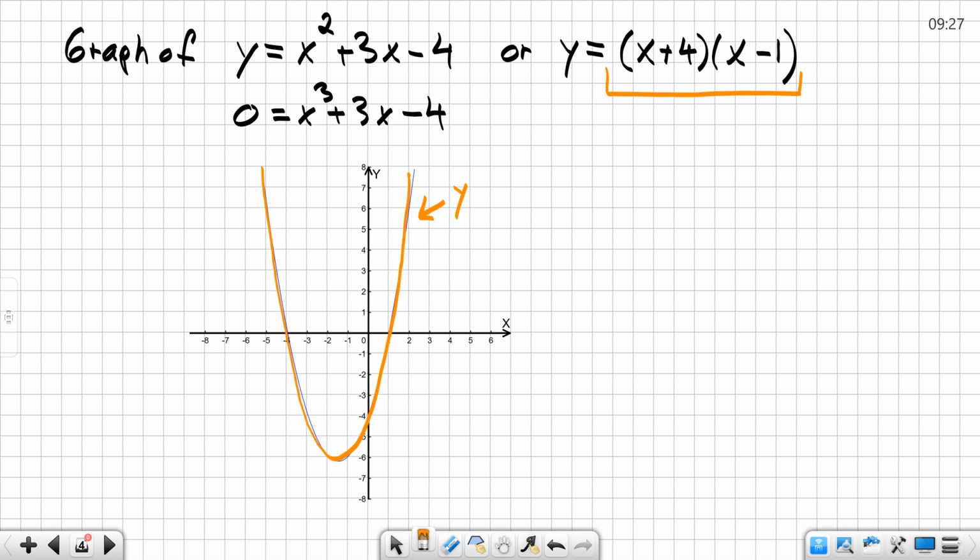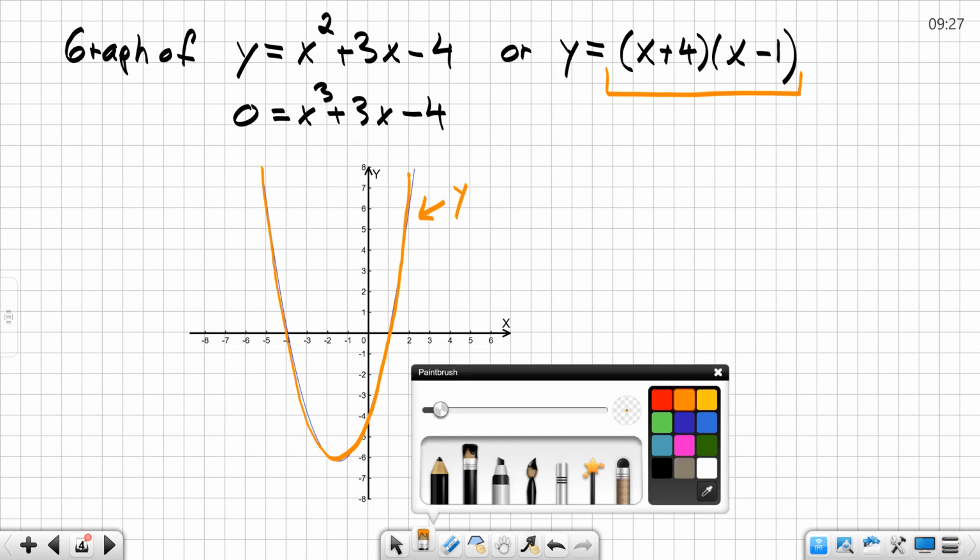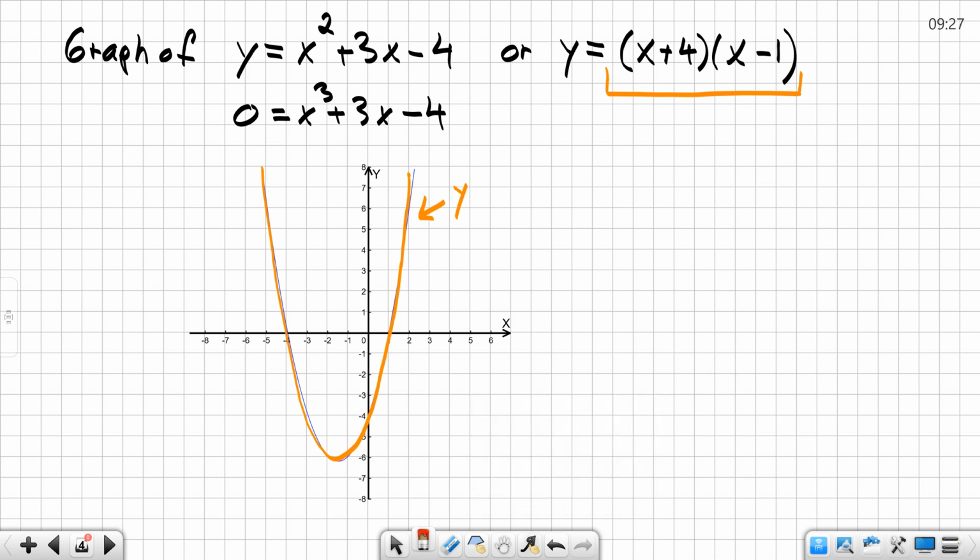This is what we used to solve this equation. And when I'm looking at the graph, I notice something. This graph, the graph of y, crosses the x-axis right here and right there. And where is that? That is at -4 and at +1.